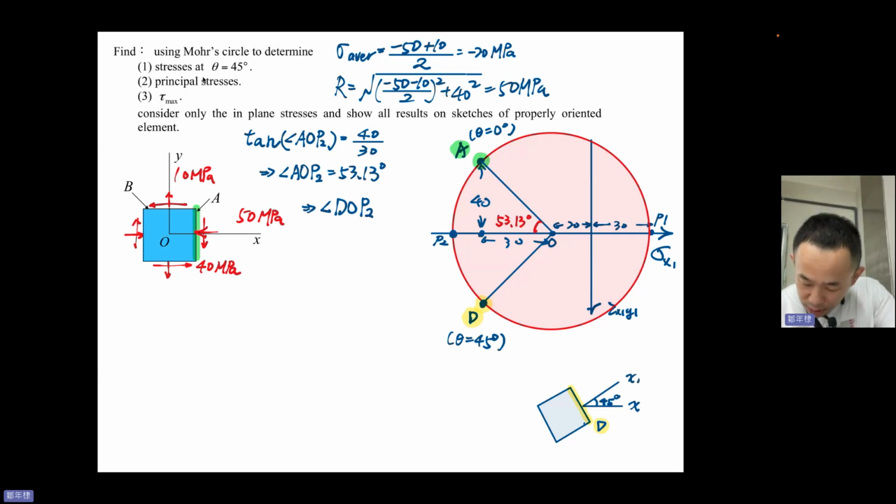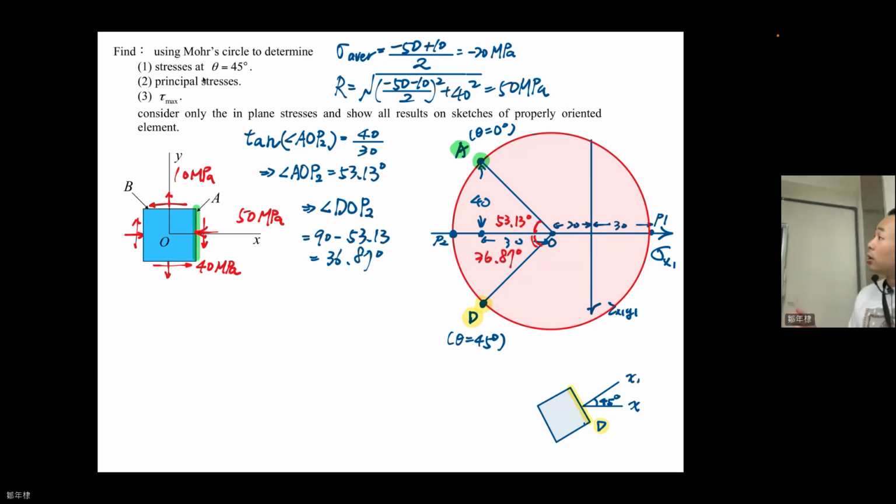And of course, this angle is easy, right? Which is D O P2. D O P2 is 90 minus 53.13, and it gets 36.87 degrees. That's it. All right.